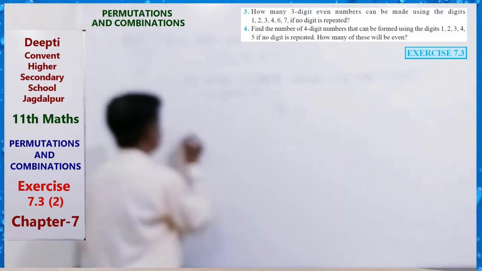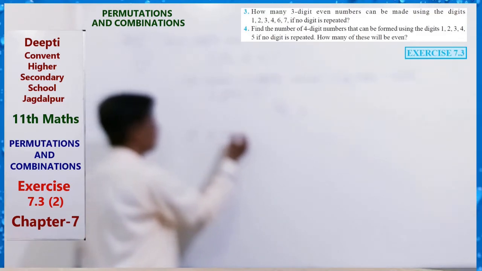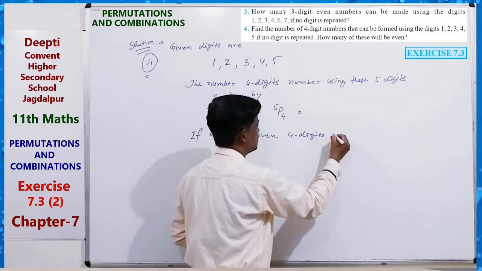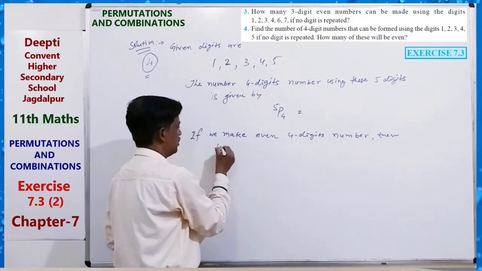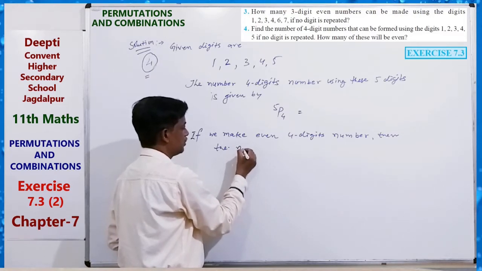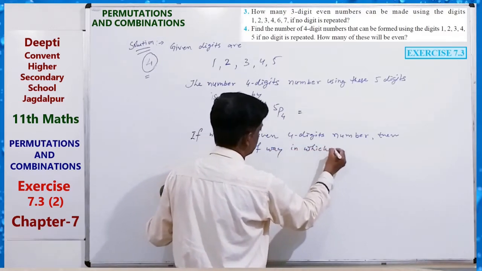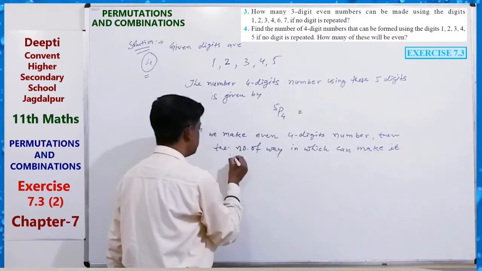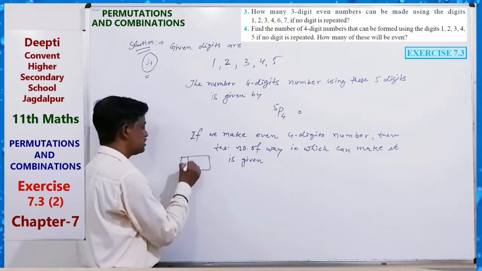Okay, and if we make an even 4 digit number, then the number of ways in which we can make it is given by this. In a 4 digit number, how many places are there? 4.